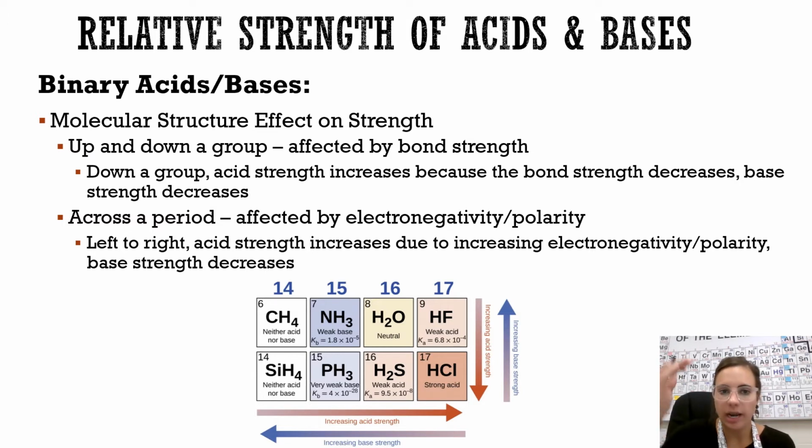So as we go down a group, an acid is actually going to get stronger because the bond strength decreases. Across a period, from left to right, the acid strength is going to increase because of the increase in electronegativity and polarity. So this is just a trend to understand and to remember. And your POGIL went way more in depth than I need to go right now because you already did it.